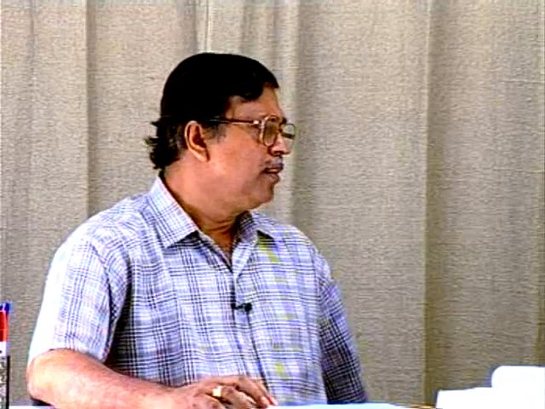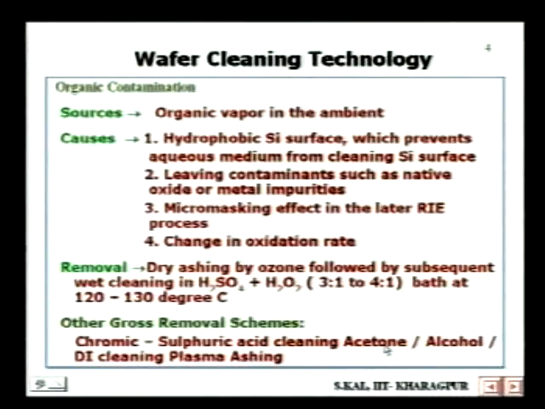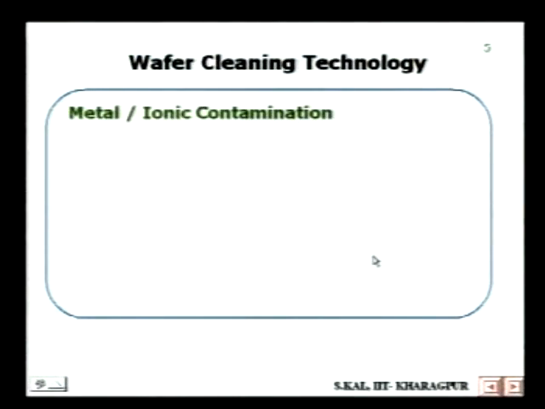Silicon wafers' organic contamination is also removed by acetone and alcohol, followed by DI water rinsing, and in a dry process we can remove the contamination by plasma etching. Now I am coming to the metal or ionic contamination.